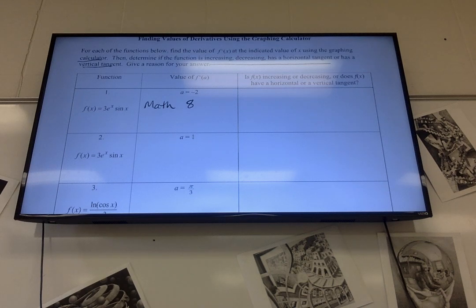We should put in X. Anytime for a variable, just put in X, and you can use that X that is right next to the green alpha. So d/dx, and then 3e to the x. E, by the way, is second, and then the natural log button by the 4.